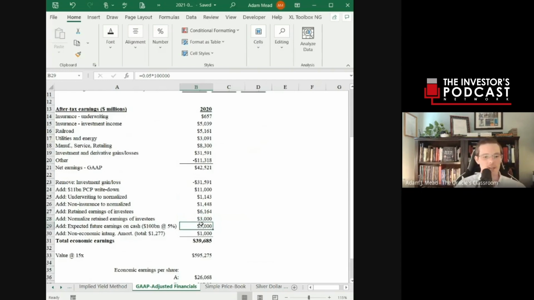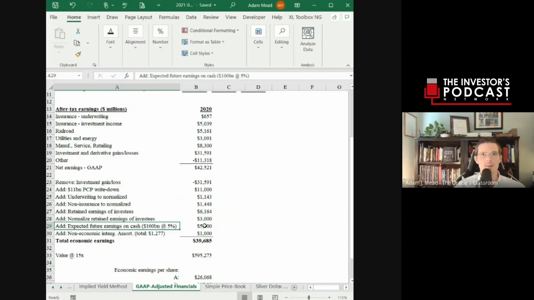The cash that Berkshire has and its value. When we're taking this approach, again, Berkshire is earning a pittance on its cash now, Stig. What I've said, and you'll notice that this $100 billion that I've listed here is far less than the $138 billion that they have.